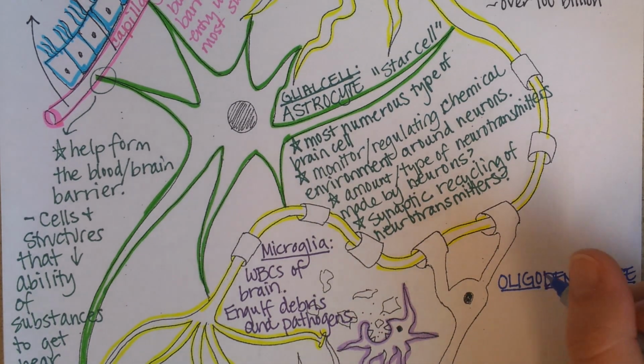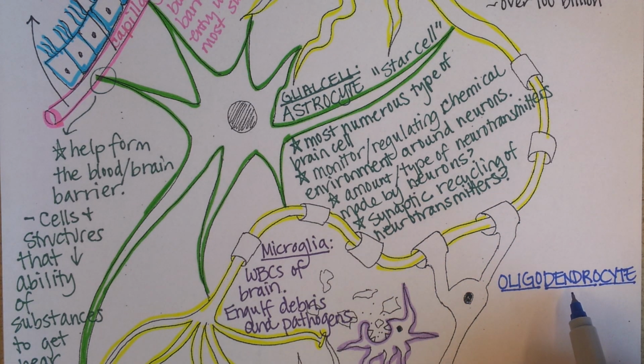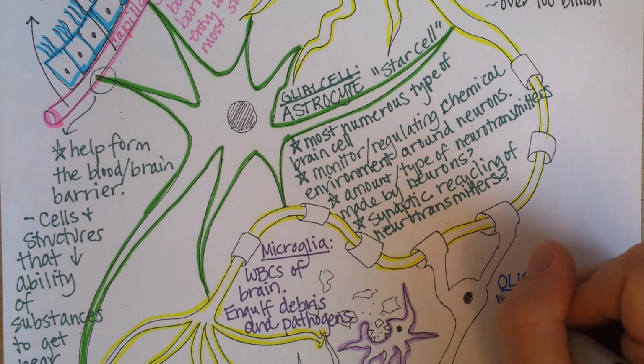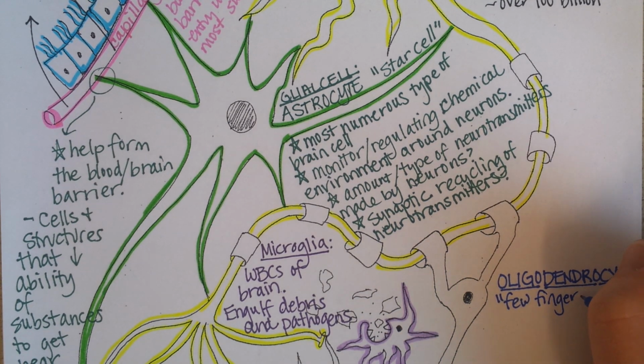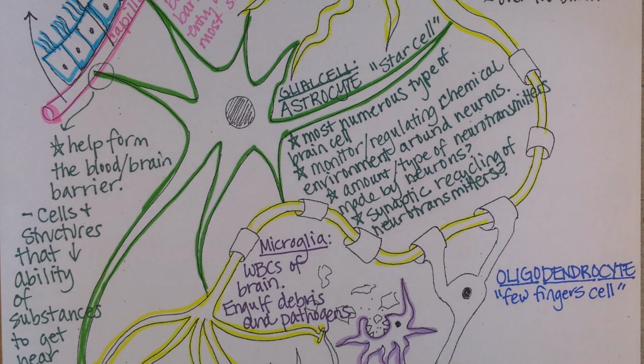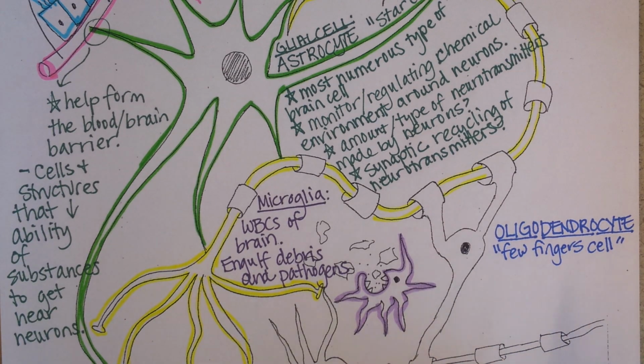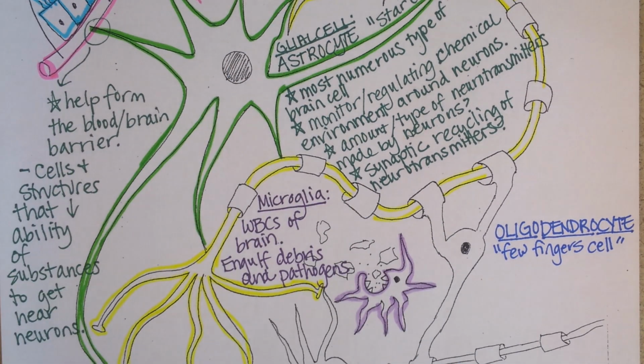Oligodendrocyte. Oligo means few, dendro means fingers, cyte means cells. So few finger cells. And that is a reference to the fact that they do have processes, but not the same amount when you look at them compared to something like an astrocyte.